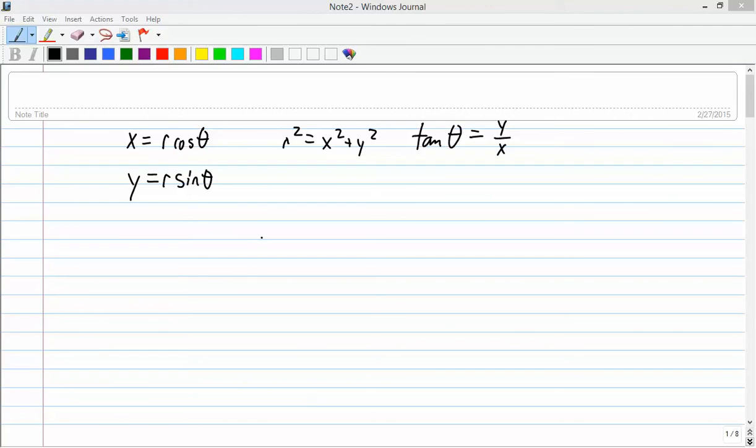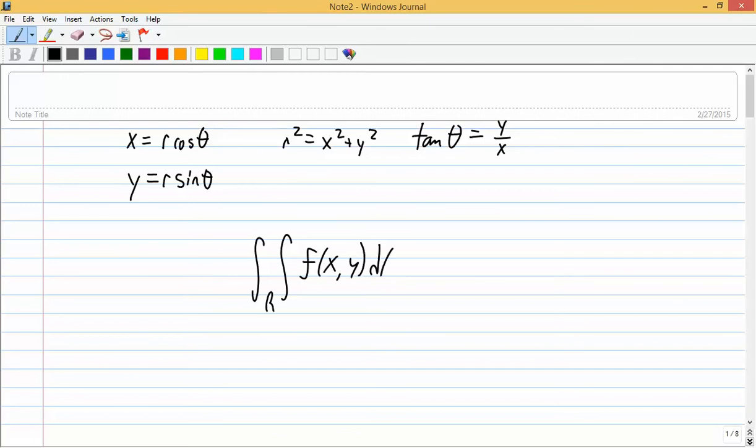Alright, and so if we have a double integral of some region in rectangular, and we change that over to polar, instead of x's and y's, we're going to have r's and thetas.